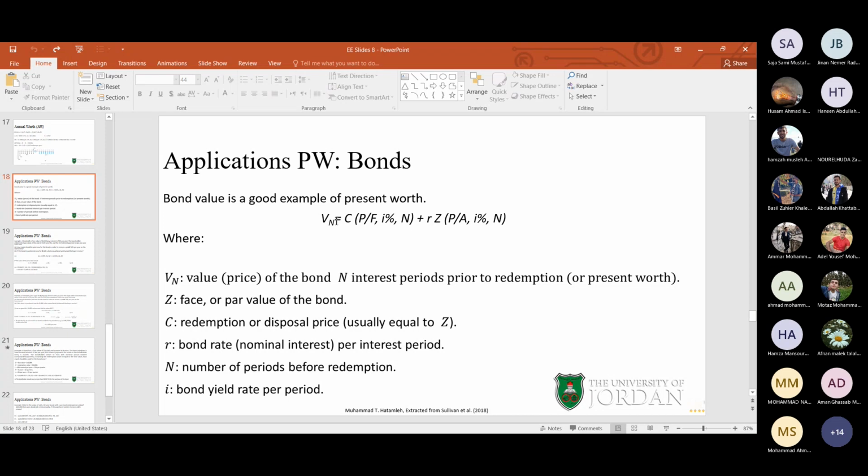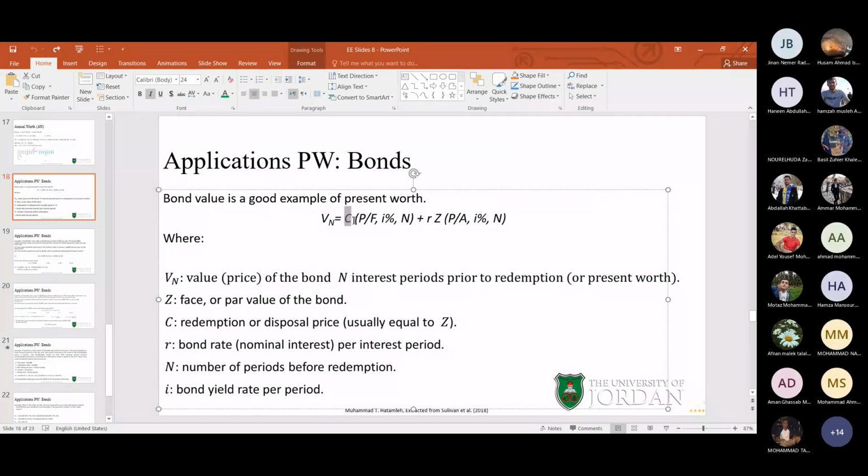So in order to calculate the present worth for the bond transactions, what I need is the redemption or disposal price, which is the price at which you're going to be selling the bond. So it's going to be in the future.